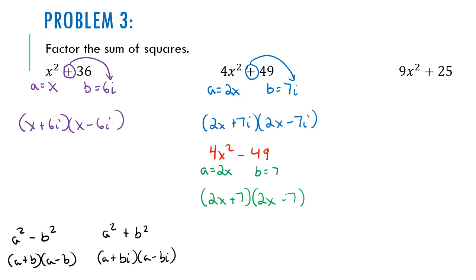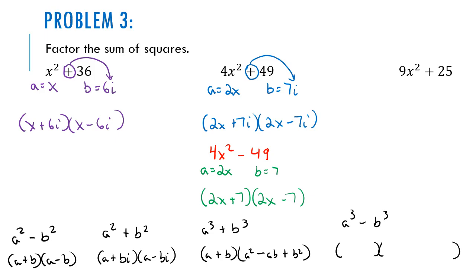And then earlier this week, we saw the sum of cubes. Since it has an exponent of 3, we have an actual equation that helps us out: plus, minus, plus, a plus b, a squared minus ab plus b squared. And then you have the difference of cubes, where we have the same sign, opposite sign, always positive: a minus b, a squared plus ab plus b squared.